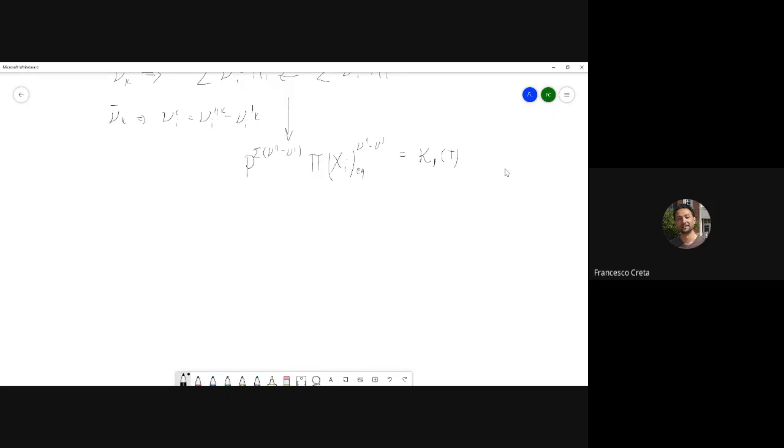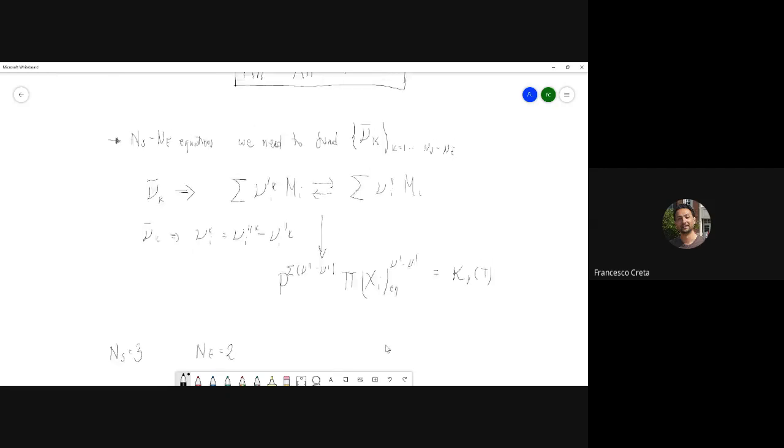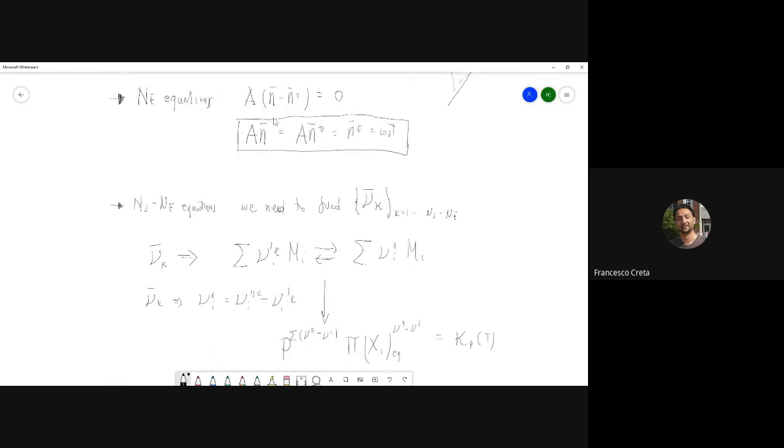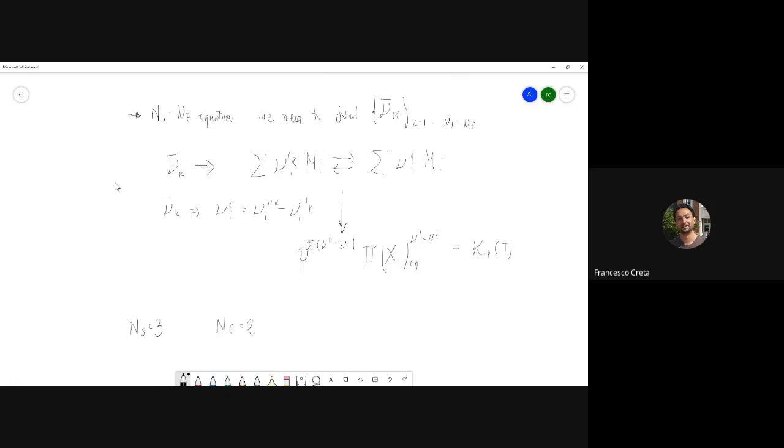So for example, if my system has 3 species, Ns is equal to 3, and Ne, the number of elements, is equal to 2, then how many equations of the first kind do I have? How many equations of conservation do I have? Well, Ne, right? So 2.